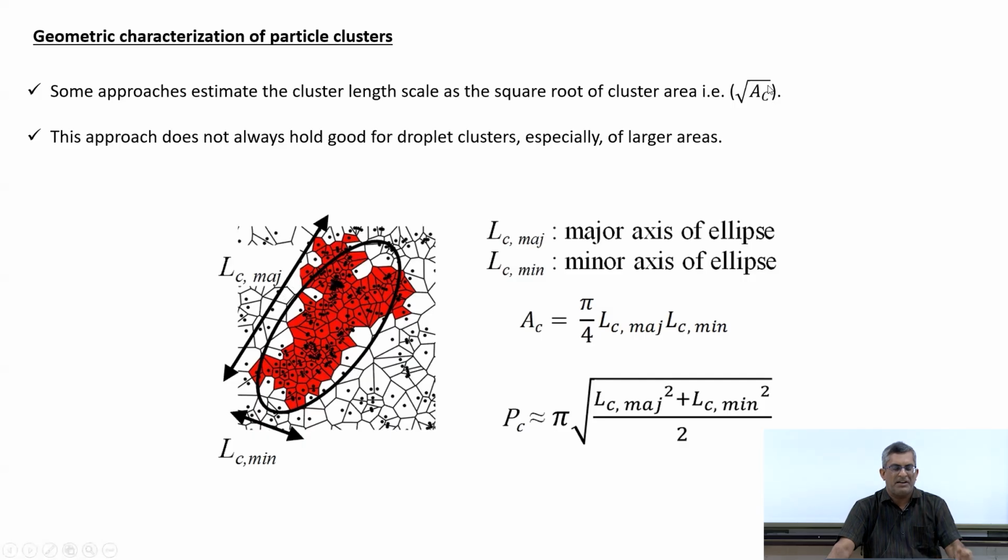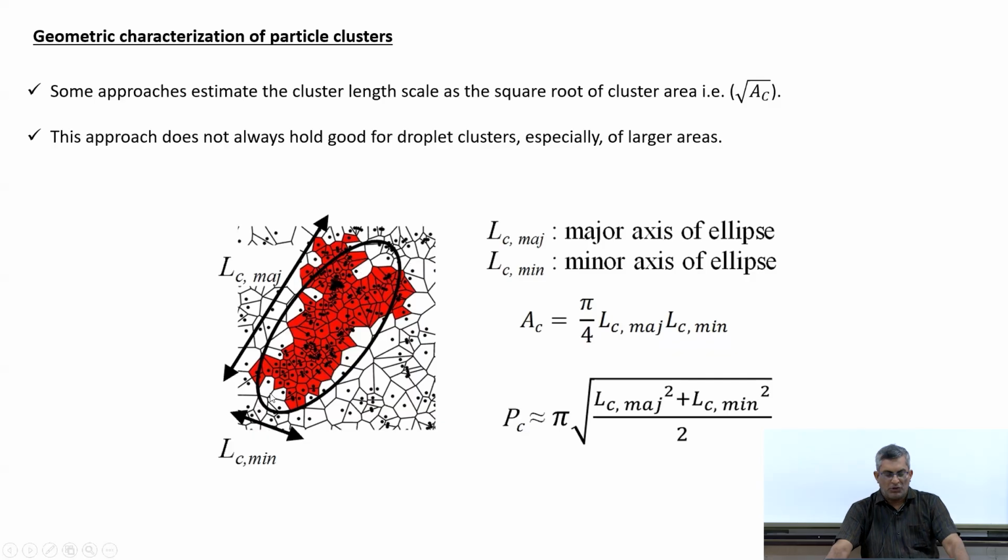That is normally done. However, this does not always hold good for clusters which have large areas, which are anisotropic. For that case we can define an equivalent ellipse.